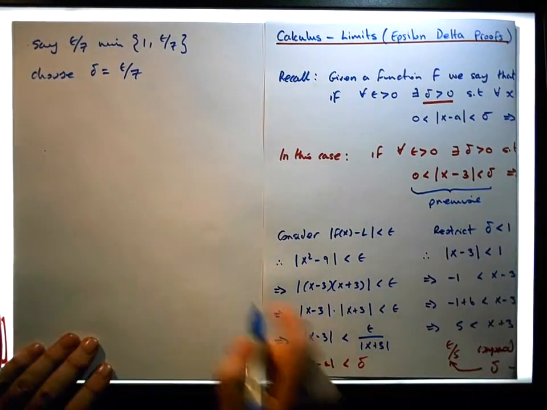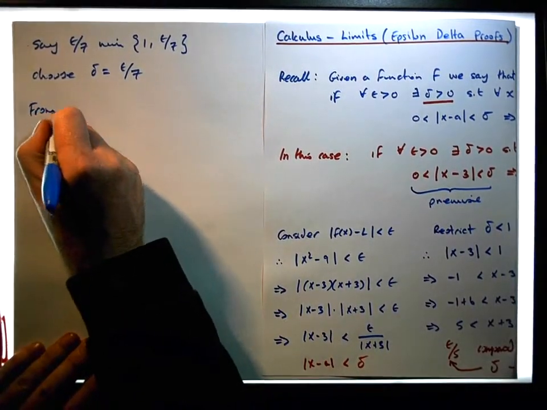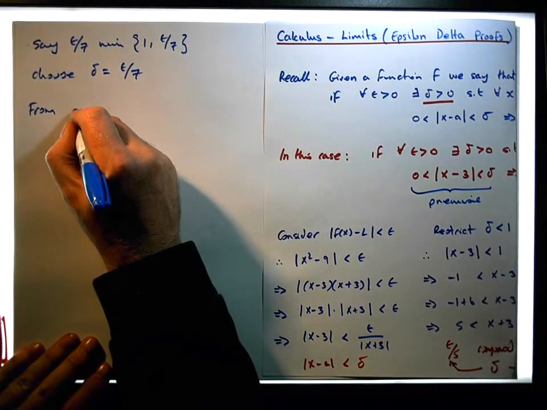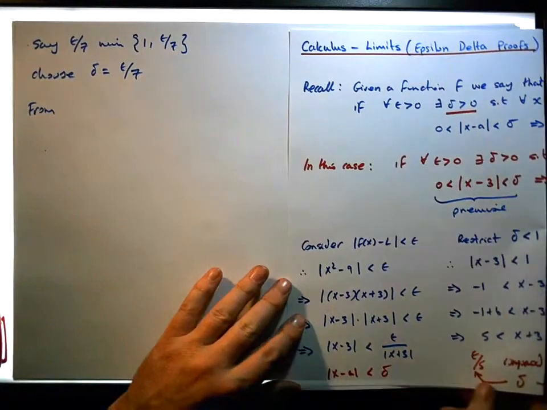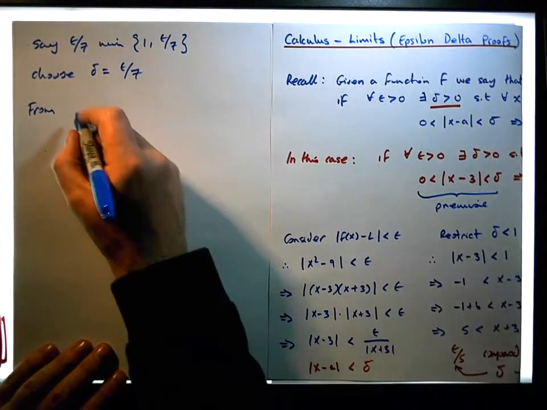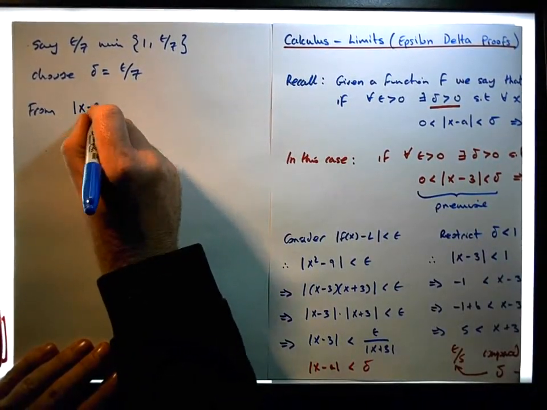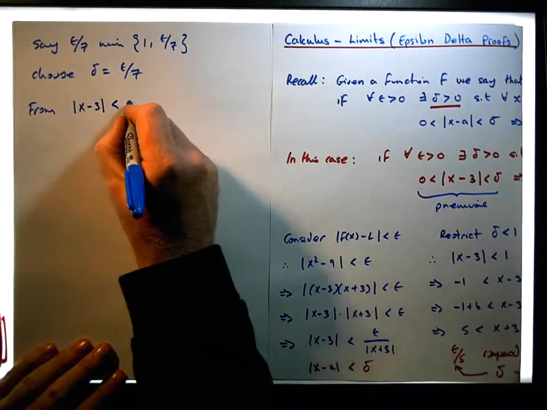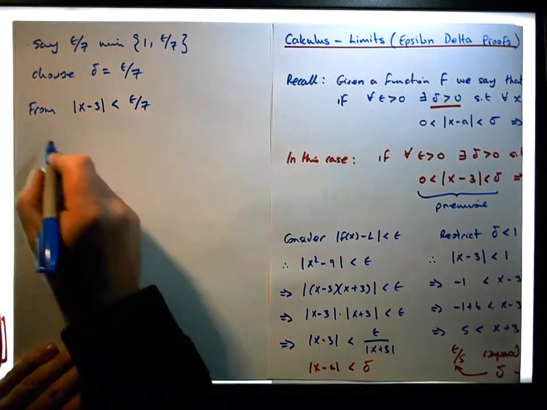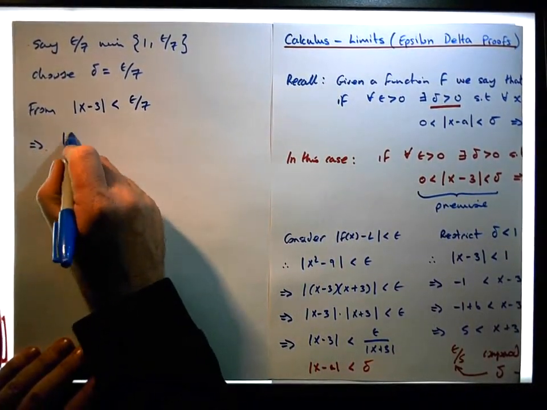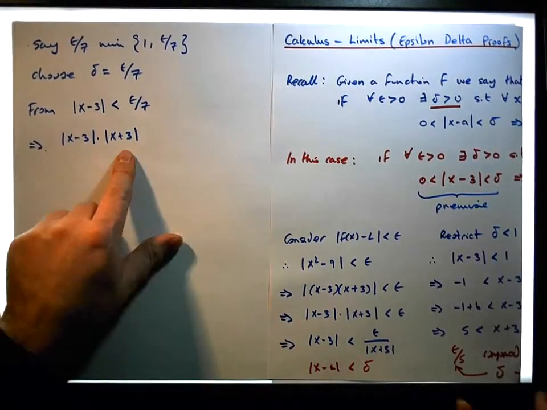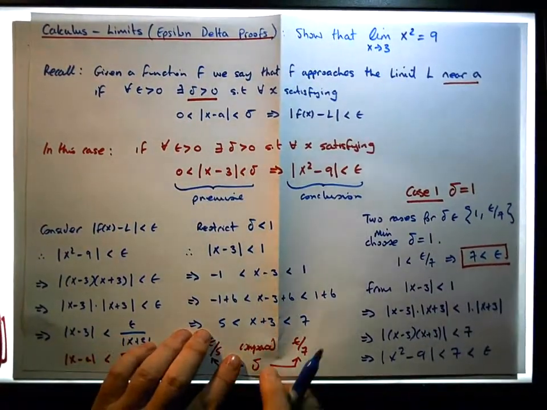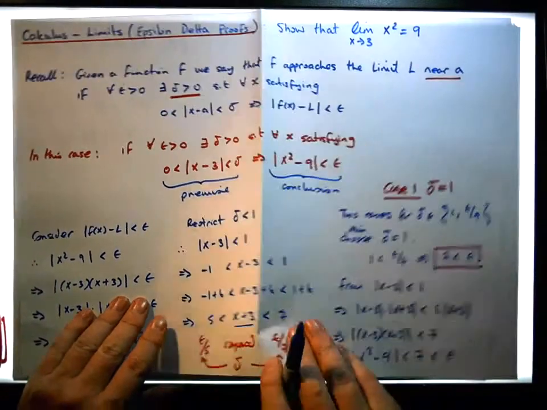From the premise we have |x - 3| is less than delta, and we're choosing delta to be epsilon over 7. Well, this implies that |x - 3| times |x + 3|, don't forget, we know what x + 3 is bounded above by. |x + 3| is bounded above by 7.